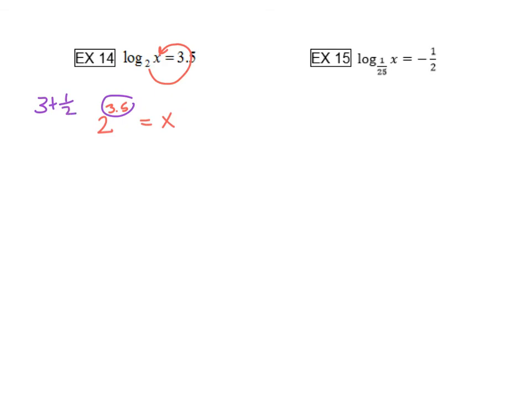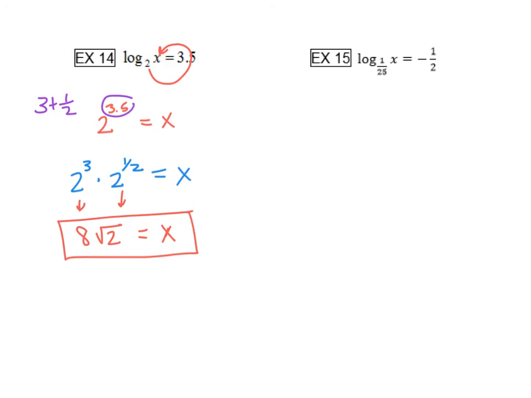So we can rewrite this as 2 to the third power times 2 to the 1/2 power is equal to x. We're allowed to do that because we know that if you're multiplying the same base, you would keep the same base and add your exponent. So we just took our exponent, broke it apart with addition, which means those would each get a base of 2. So why is this helpful? Well, we know that 2 to the third power is 8, and 2 to the 1/2 power is the square root of 2, and now we're getting a nice exact value for x, and we don't need to round for a decimal.